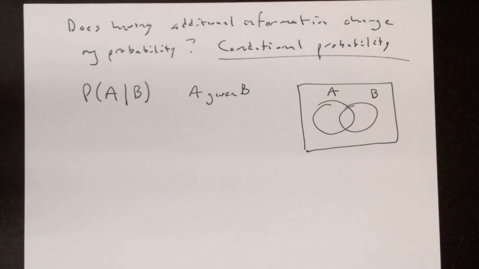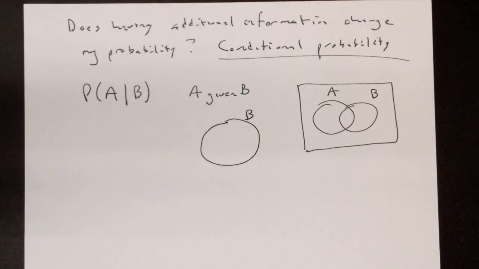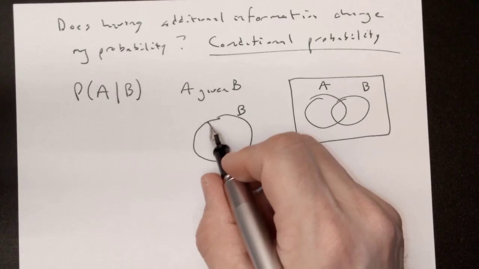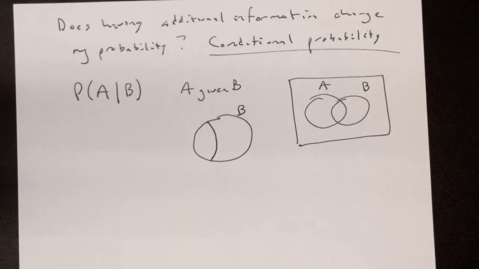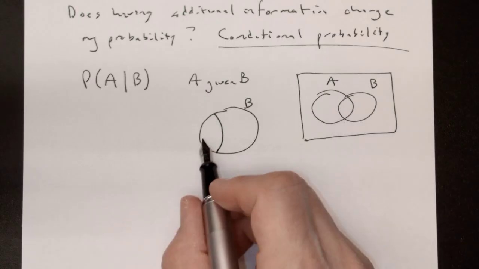As soon as I say given B, I'm now really looking just at the B circle. Where's the A thing? Oh, it's in here, isn't it? That's part of A. But what did I call this shape?